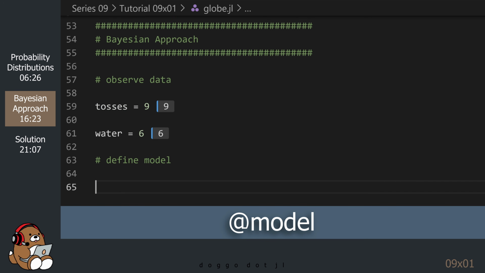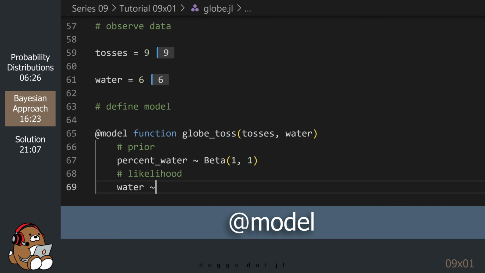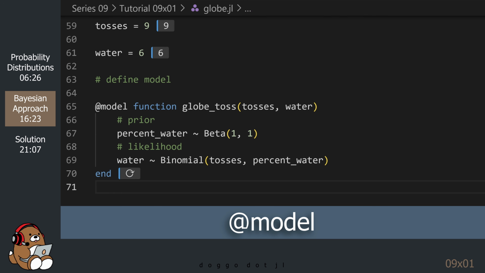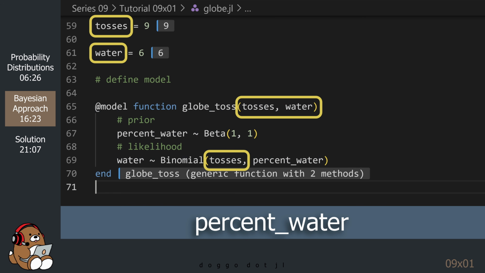When defining a model in Turing, we need to use the @model macro. In this model, the unknown parameter that we're trying to solve for is %_water. We know the values of tosses and water from our experimental observations.